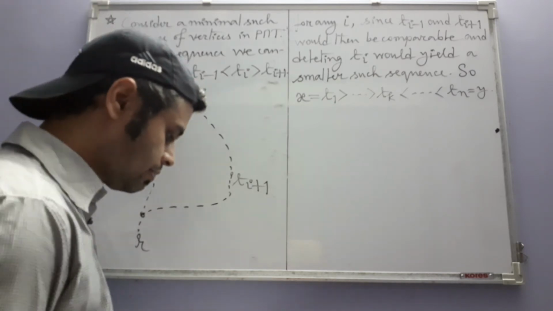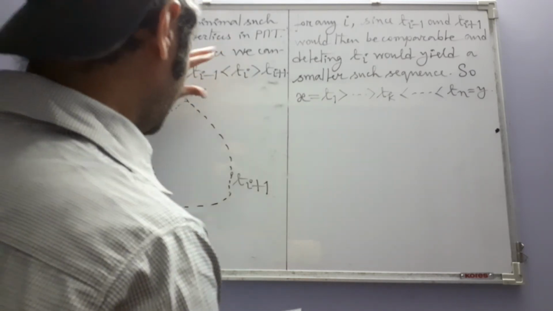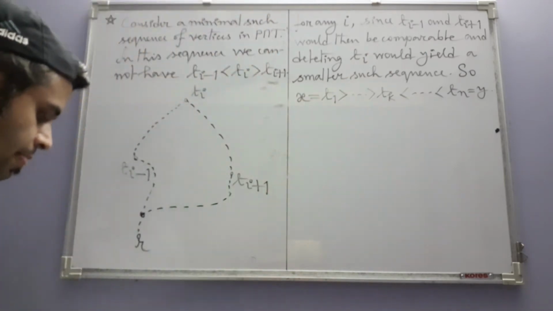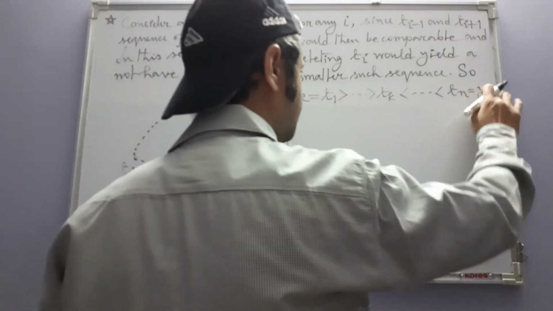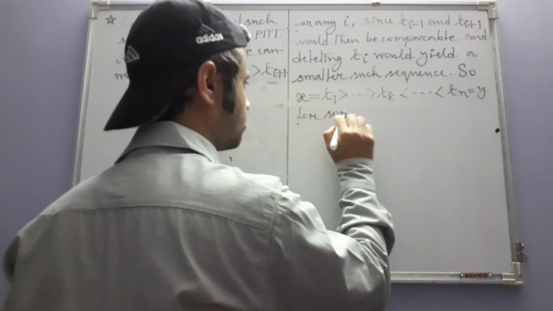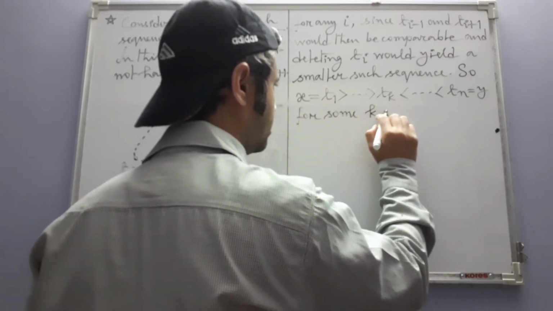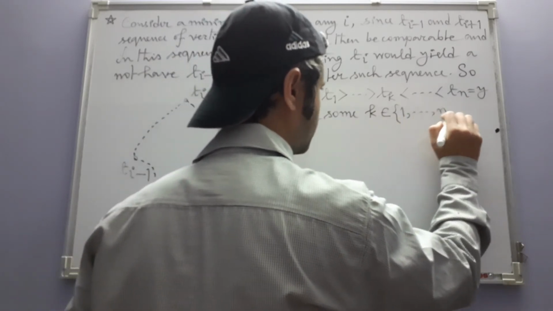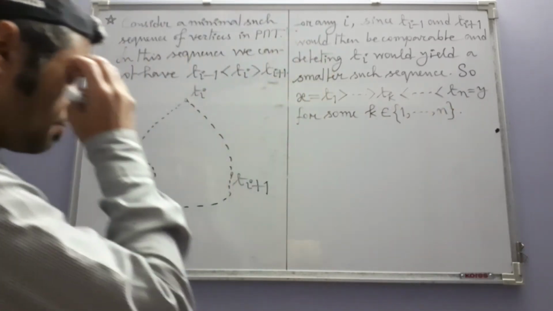That's what we are saying, because we don't have it like this, so we have it like this somewhere for some integer belonging to this set.